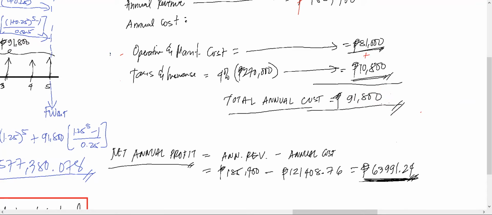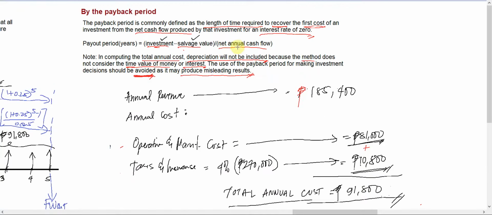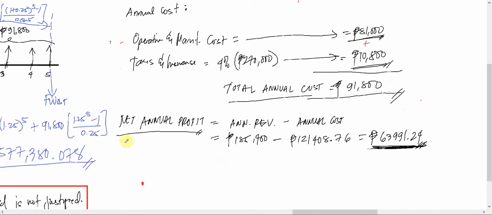And then, the annual net profit or the net annual cash flow. Okay, yun din yun, no? Same lang yan. Net annual cash flow is annual revenue minus annual cost.